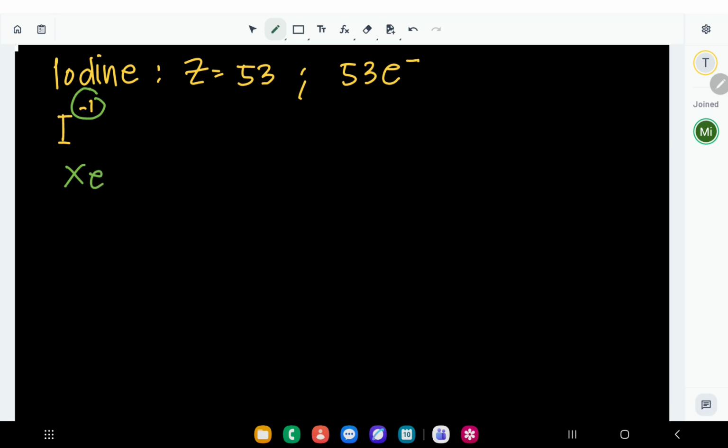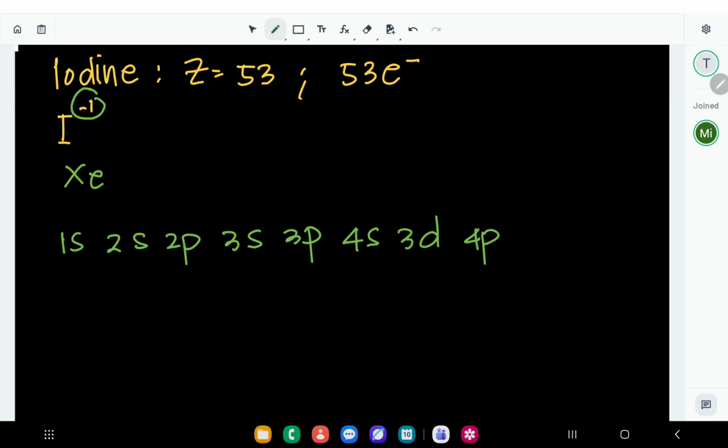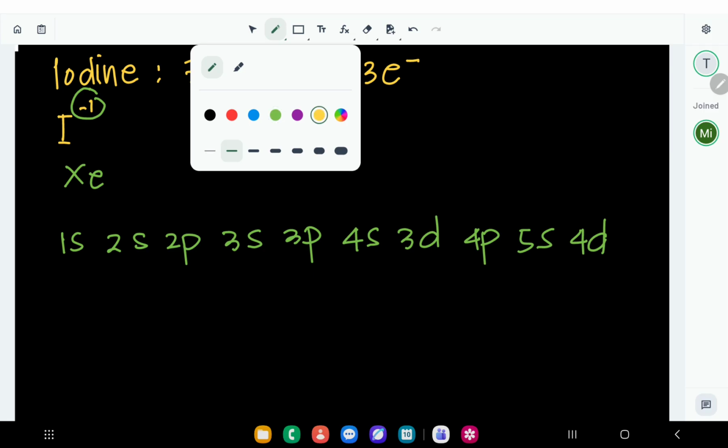So let's write the longhand electron configuration first for iodine. We have 1s, 2s, 2p, 3s, 3p, 4s. Next is 3d, right? 4p, 5s, 4d. So that's 53. That's a lot.